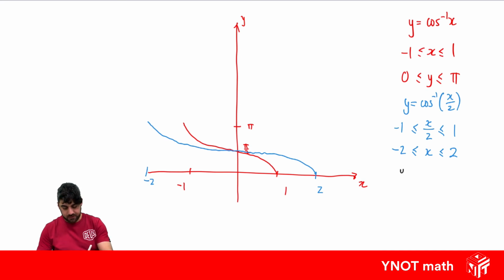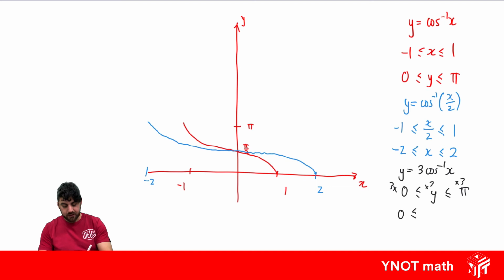And finally, let's look at y equals 3 times the inverse cos of x. Here we're timesing every value in our range by 3. So we want to get our range and times every value here by 3 to make it look like 3y.